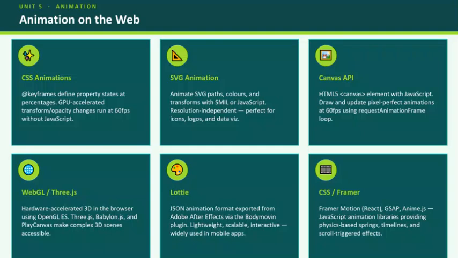SVG animations allow scalable, resolution-independent graphics to move smoothly, making them ideal for icons, charts, and illustrations. HTML5 canvas provides a powerful drawing surface for more complex, frame-by-frame animations and interactive visuals, such as games or simulations. Together, these tools enhance user experience by making websites more responsive, visually appealing, and interactive.